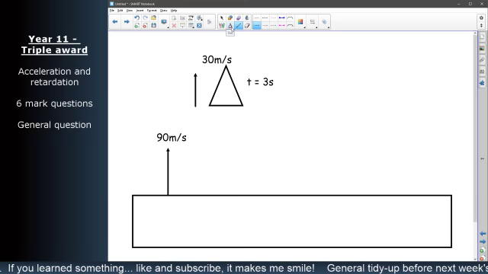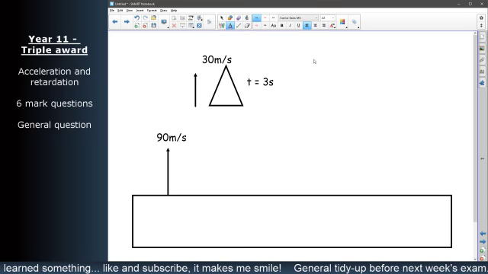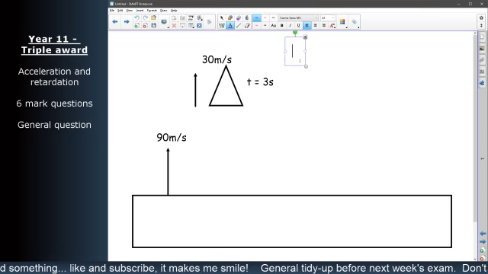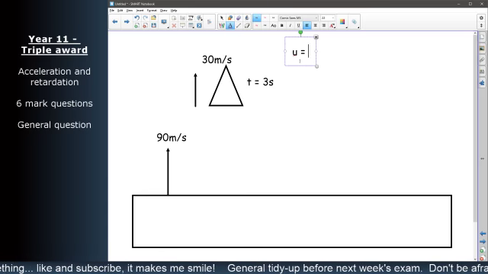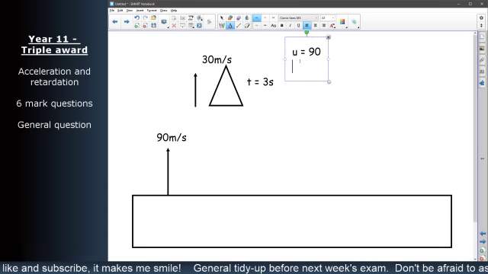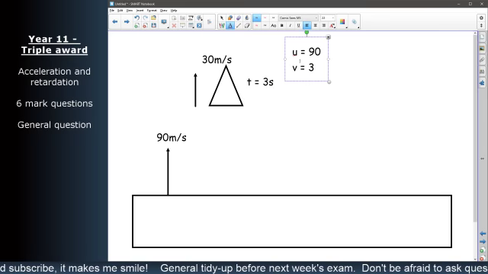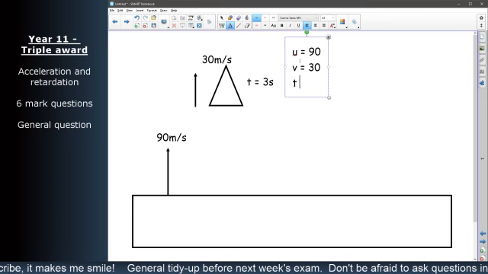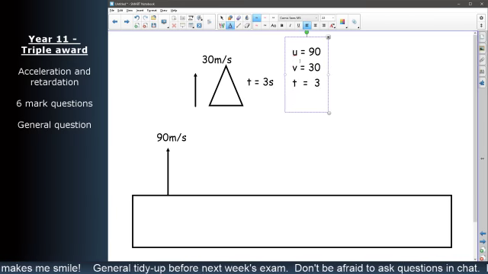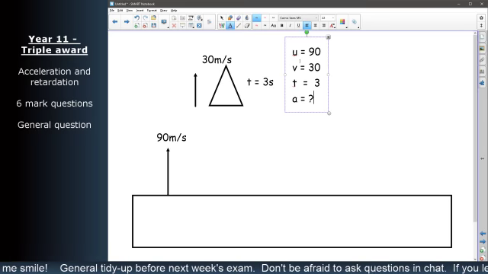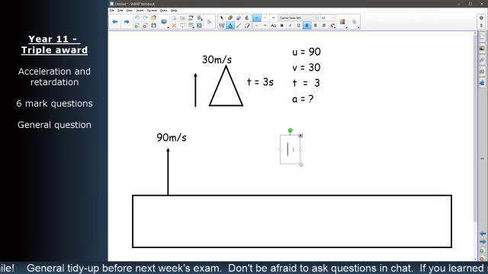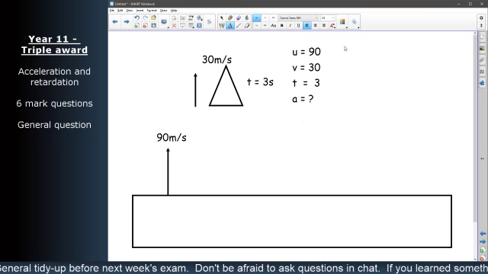Calculate the acceleration. On the face of it, this looks alright: we have u equals 90, v equals 30, so it starts off at 90, t equals 3 and a equals an unknown amount. We're being asked to calculate the retardation of this object.